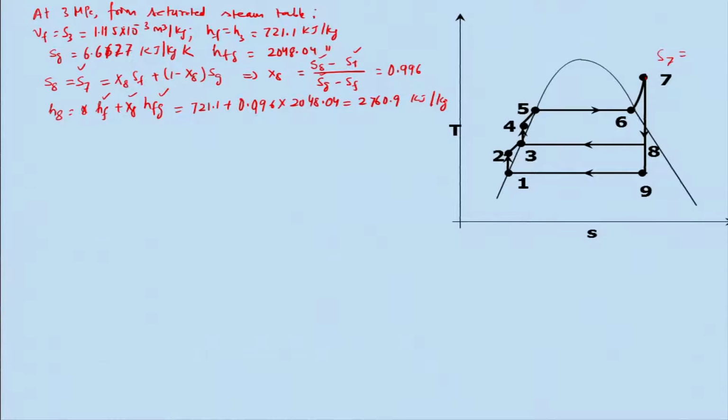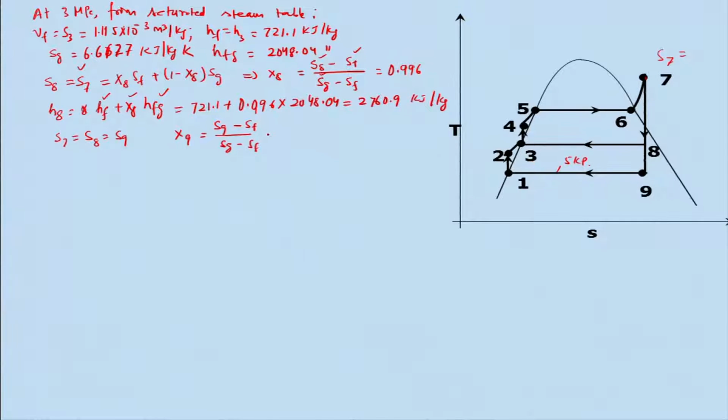In a similar way, I can find out X9, because we know that S7 is equal to S8 is equal to S9. So, in a similar way, I can find X9 is equal to S9 minus SF over SG minus SF, and this SG and SF correspond to what pressure? That is basically 5 kilopascal.